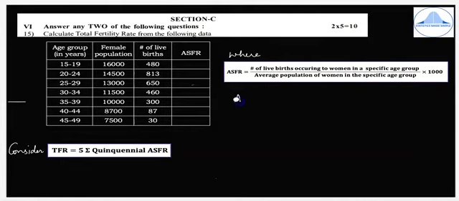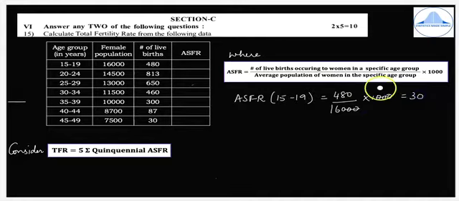As an example, let me show you how to calculate the ASFR for the age group 15 to 19. This will be 480 divided by 16,000 into 1000, and when we simplify we get the value as 30.